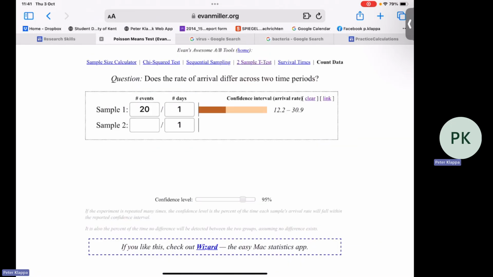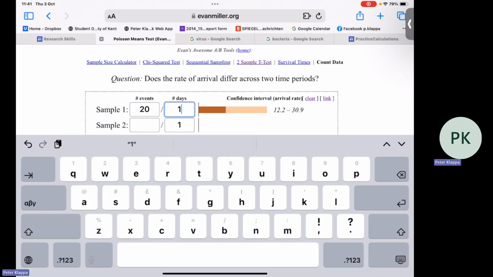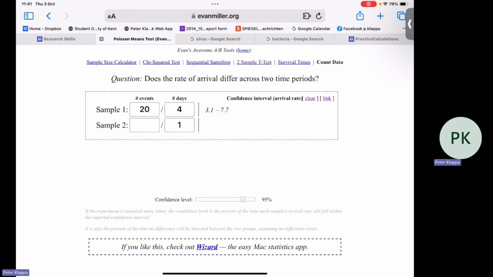Let's say we have 20 raisins in 4 bagels. So 20 events. Here it is days, but you can imagine that this is bagels. It will calculate the confidence interval.